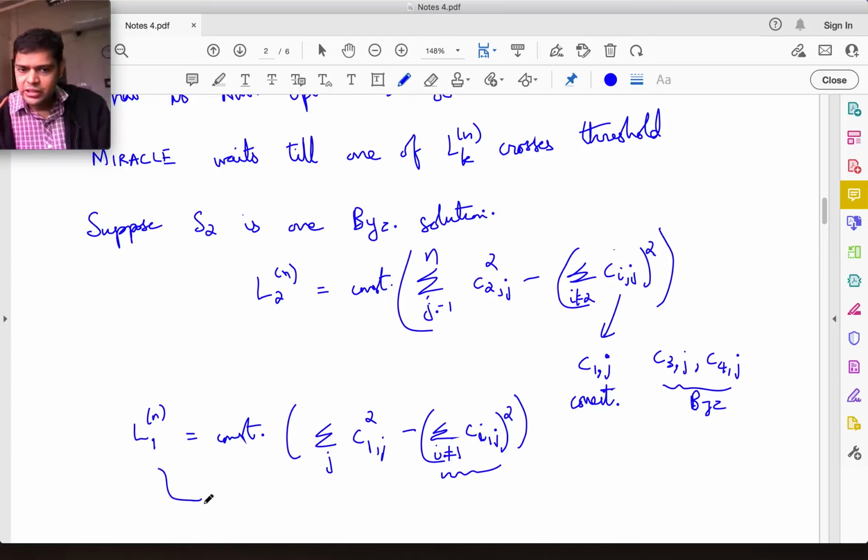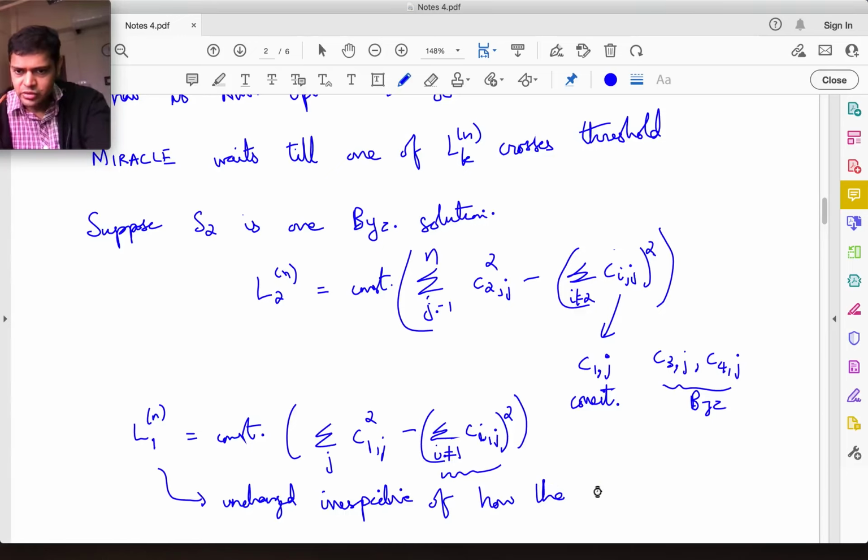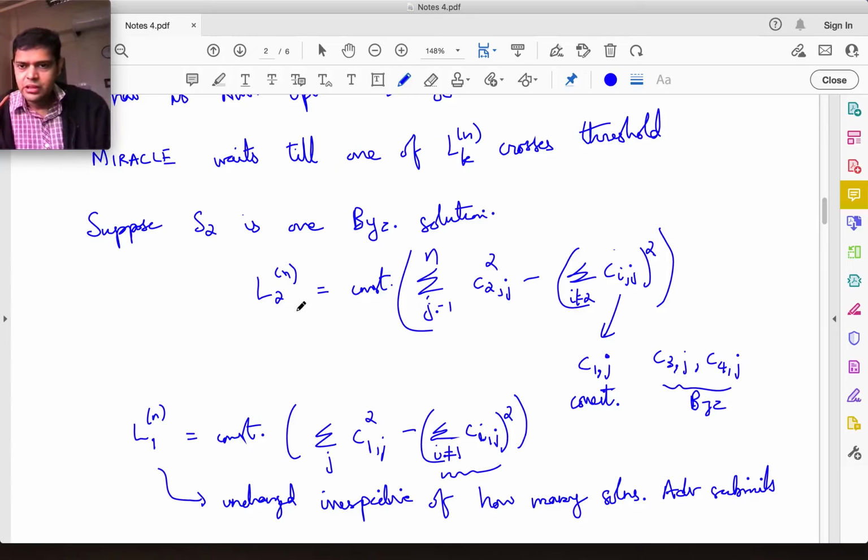So this is unchanged irrespective of how many solutions the adversary submits. Whereas the attacker's own likelihoods are going to come down if he votes among multiple solutions.